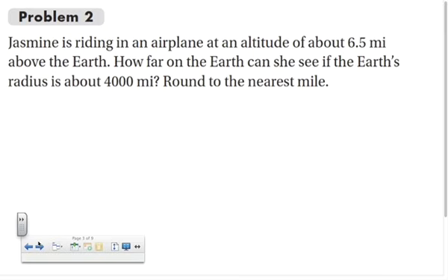So in problem 2, we have Jasmine riding in an airplane, and you ever notice when you're in an airplane you can see a whole lot more Earth than you can when you're just standing on the ground? Because that tangent line between your eyes and the horizon is just that much longer. So realize what's happening in this problem. Here's the Earth. Here's Jasmine, 6.5 miles above the Earth.